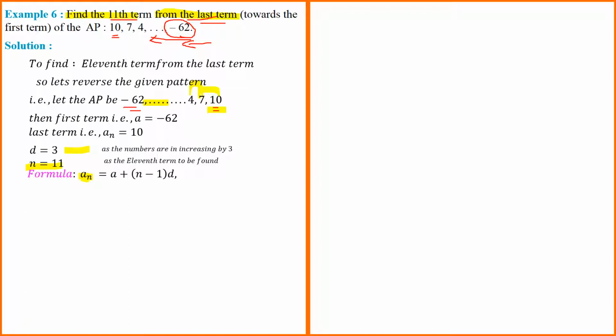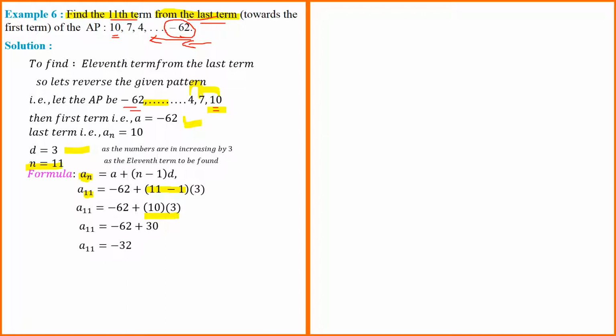Oh, sorry, we are not finding the last term, we are supposed to find the 11th term. So n is 11, a is minus 62, then n minus 1 is 11 minus 1, and d we have substituted. 11 minus 1 is 10, into 3, it's going to be 30.